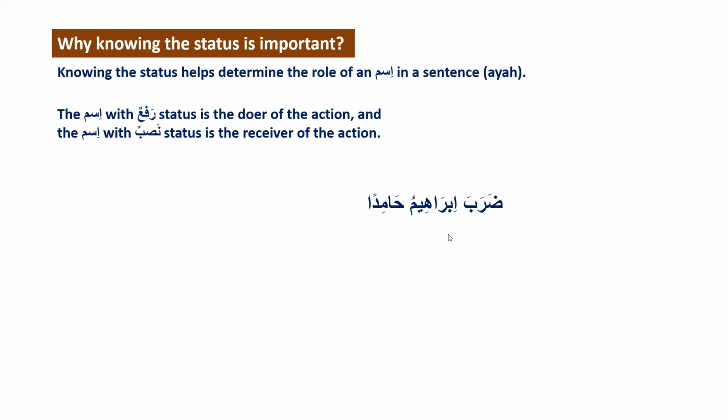Okay, let's go to Taimiyah. Taimiyah is another one of the youngest in this class. Taimiyah, you are with me? Assalamu alaikum. Wa alaikum assalam. So Taimiyah, can you tell me what is the status of Hamidan?